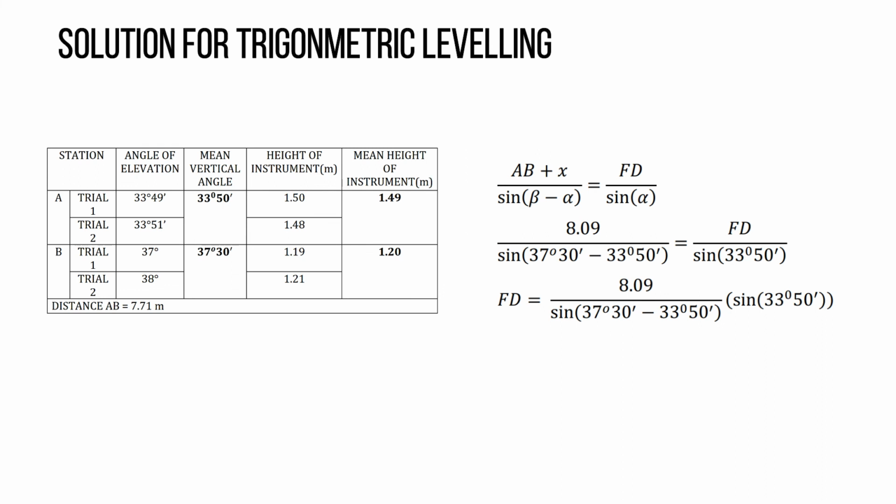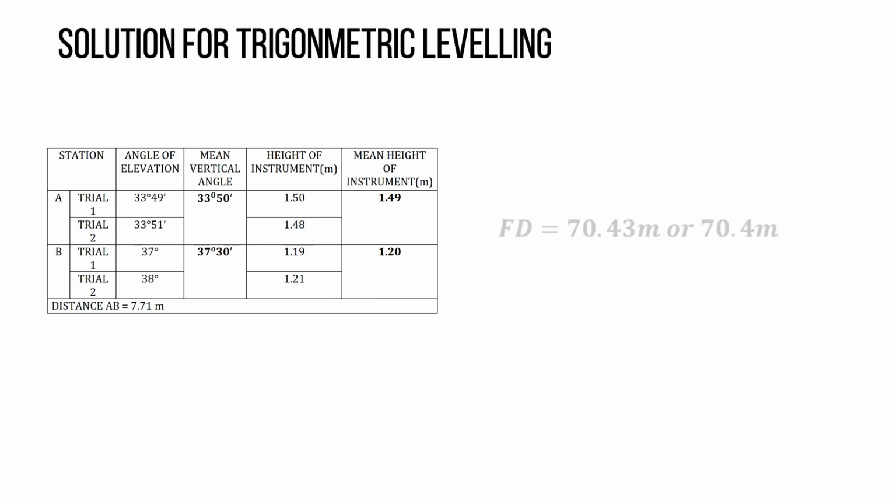And by substitution, 8.09 over sine 37 degrees 30 minutes minus 33 degrees 50 minutes is equal to FD over sine 33 degrees 50 minutes, which yields the answer FD is equal to 70.43 meter or 70.4 meter.